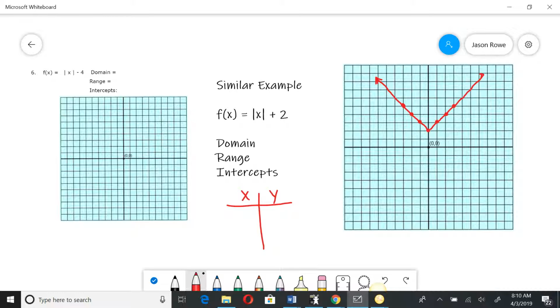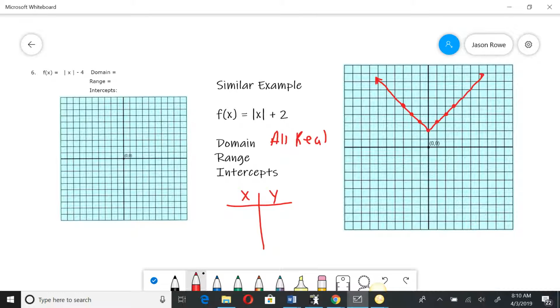So what's the domain? Domain is all possible x values. Since this is a continuous function in both directions, the domain would be all real numbers. And what's the range? The range is all the possible y values.